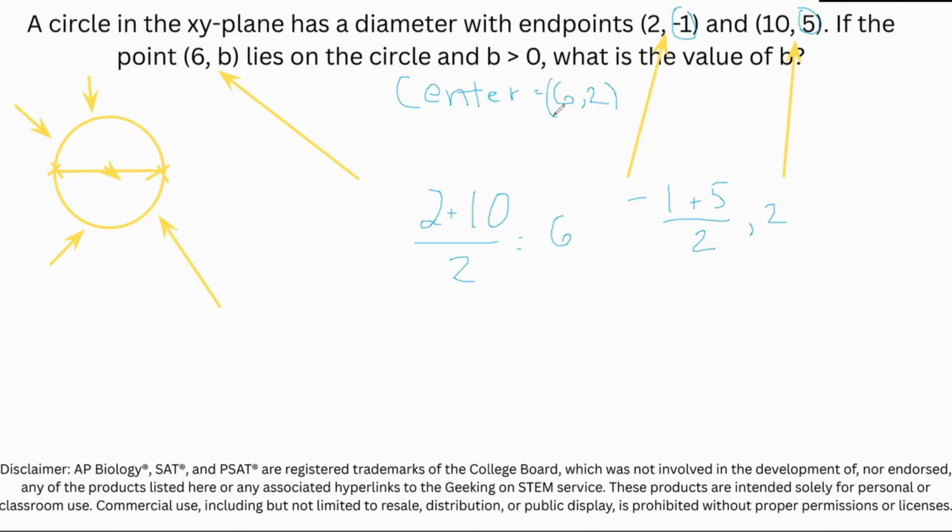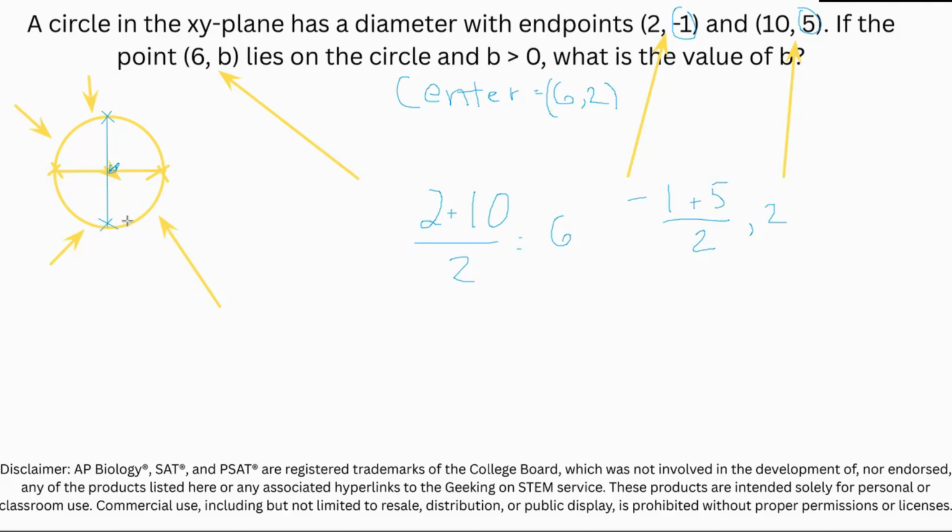And this is important to note because if our center is (6, 2), we know that the point that is on the circle is going to be basically either on this end or this end, right? So it's going to be at the endpoints of that midpoint, essentially.